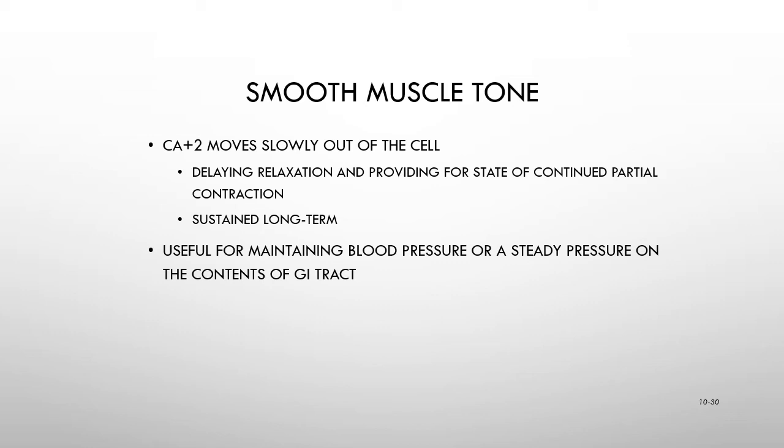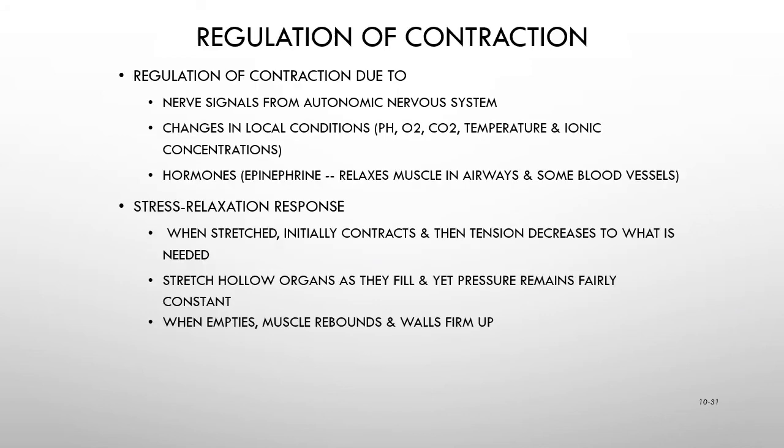That's good for doing things like maintaining blood pressure, so that we don't have just an on and then off, and on and then off for the muscles. We have this balancing change within the muscle, and we have this overall tone within either the blood vessels or the digestive tract.